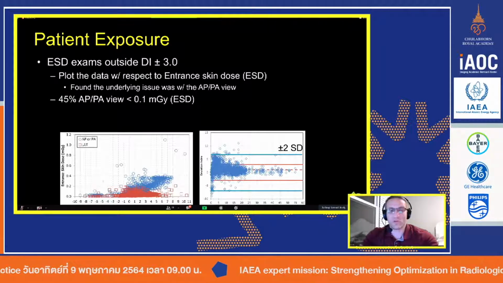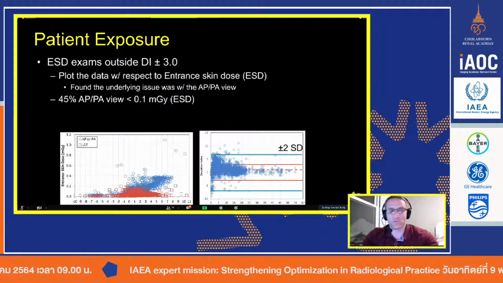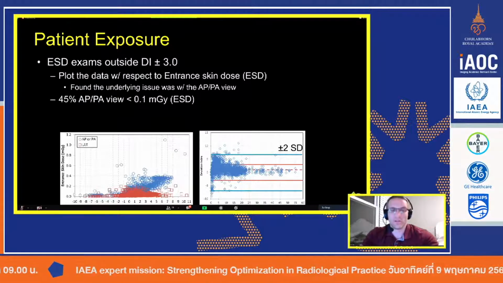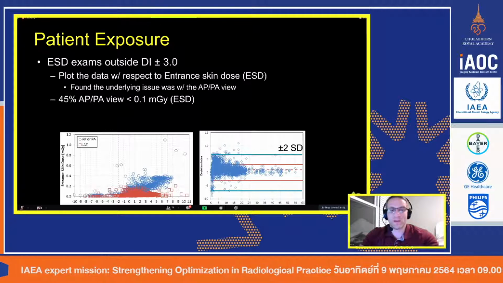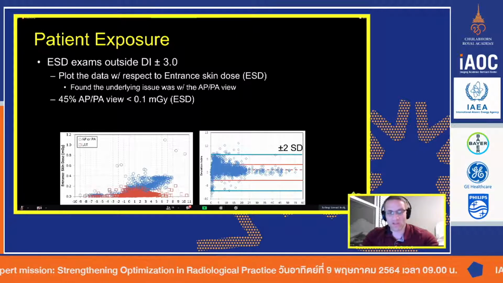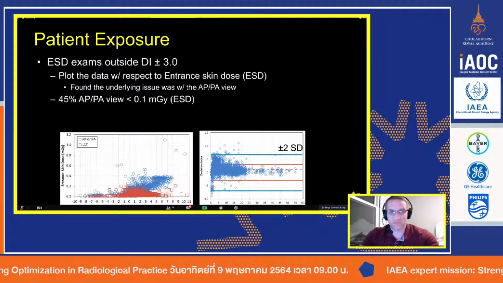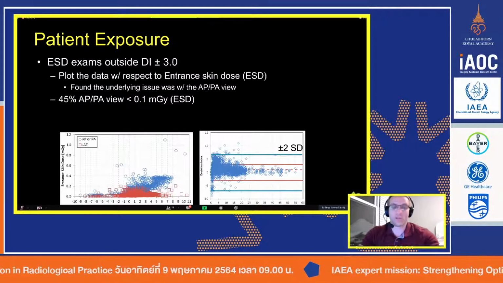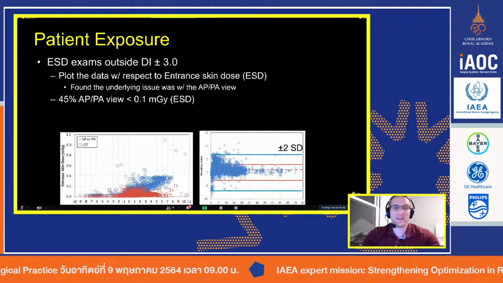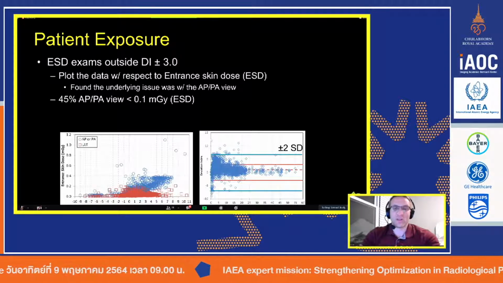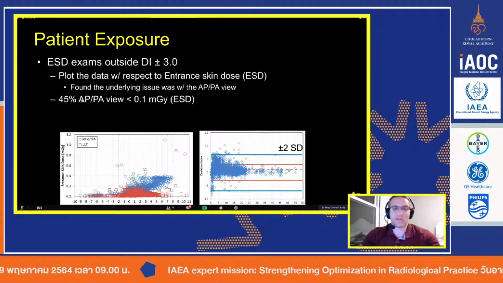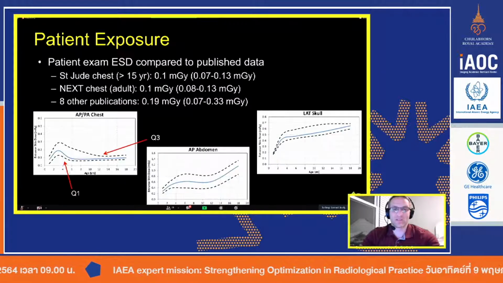What would be a normal exposure, somewhere below 0.2, down to your typical less than 0.1, 0.07, etc., 0.05 for a normal chest. Here you can see this protocol was horribly overexposing our patients. And so by knowing that, I was able to go back through and make some corrections.